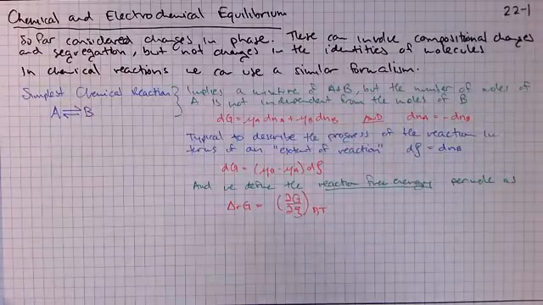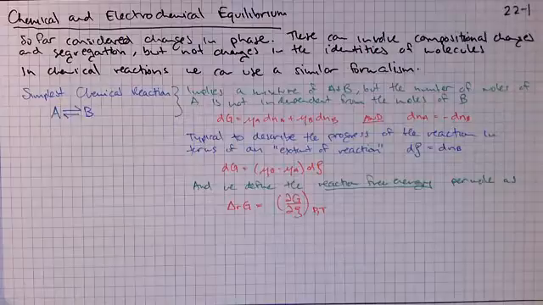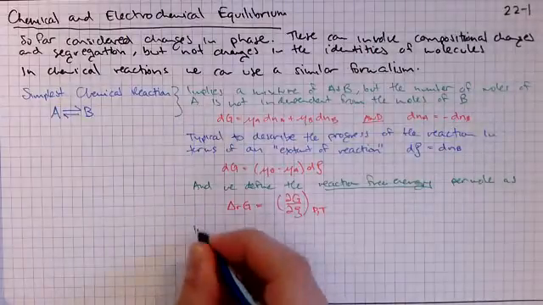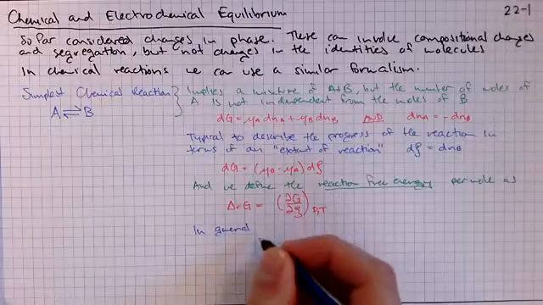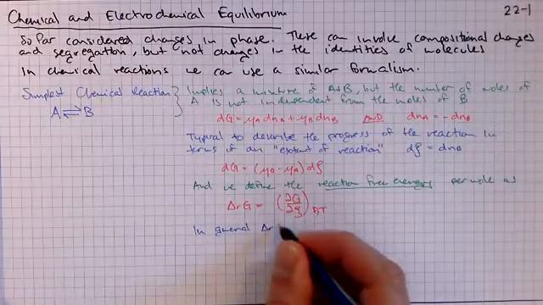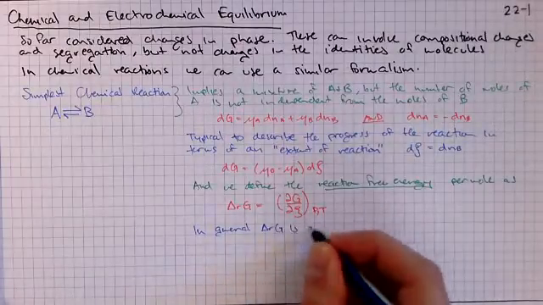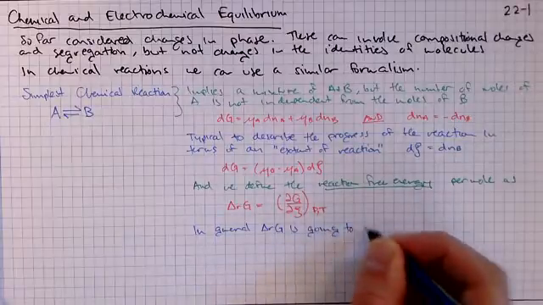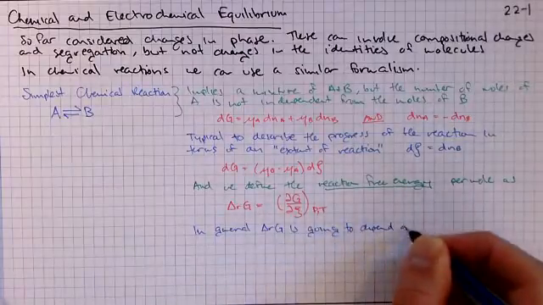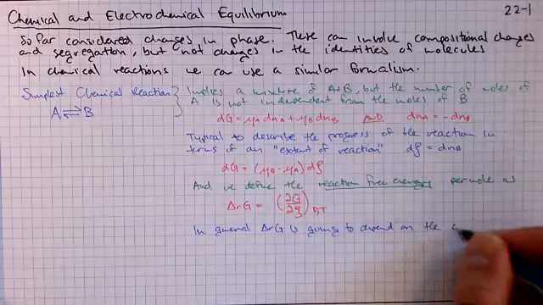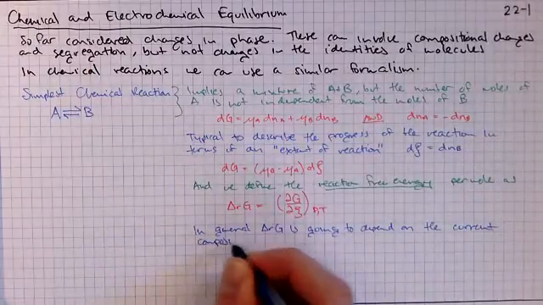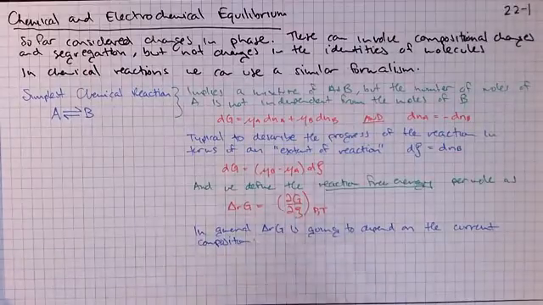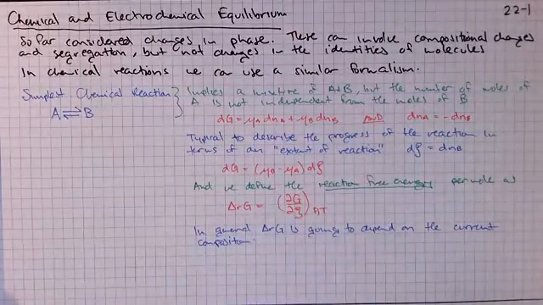So we can see that just by looking at this, in general, delta Rg is going to depend on the current composition. That is, it can change as the reaction goes on.